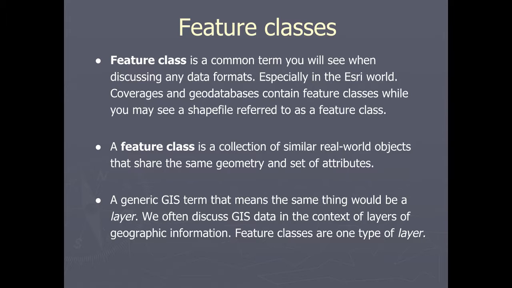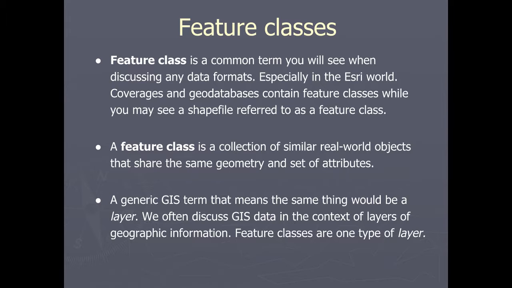We think of a feature class as being a collection of similar real-world objects that share the same geometry and the same set of attributes. So in a GIS, this is a lot like what we've always called layers. Layers, again, is a really generic term, and feature class is kind of an Esri-centric term, although you see it used in other places now too. So a feature class is a lot like a layer.